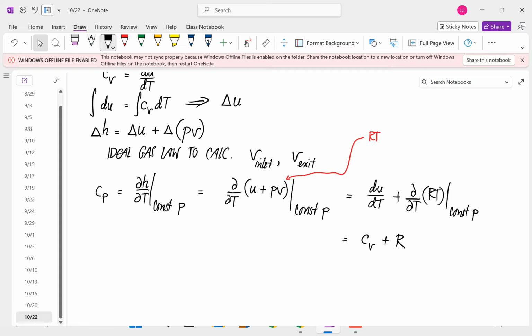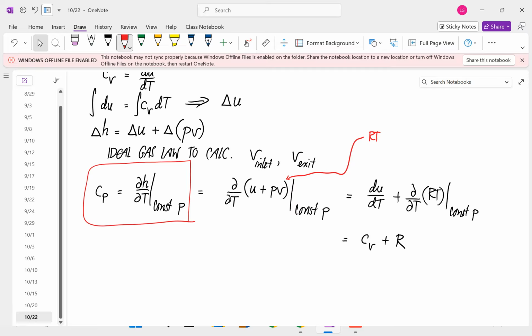I guess you could use CP to integrate to calculate the specific enthalpy change. Just using this, if you know CV and you know R, you can.